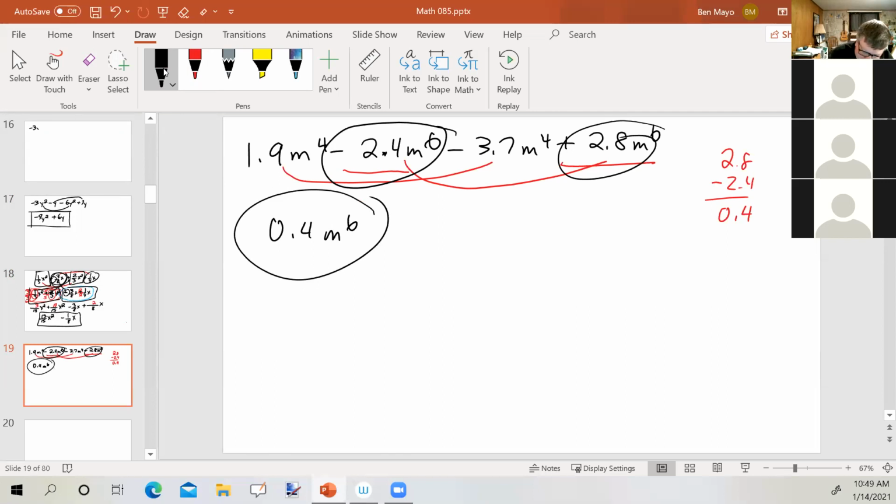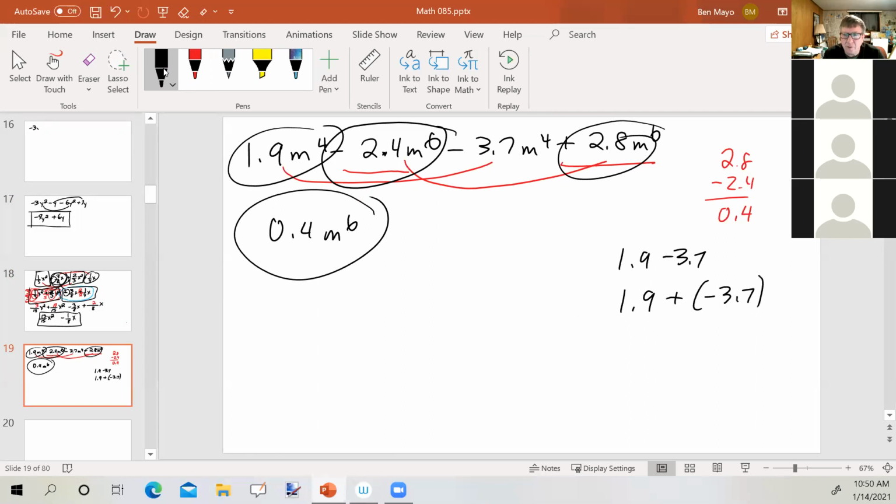And then I've got 1.9 m to the 4th minus 3.7 m to the 4th. Well, if you've got 1.9 minus 3.7, you're taking away more than you have, so you're going to be in the hole or have a negative answer. And I don't know if you remember how you go about that, but you can change subtraction to addition of the opposite.